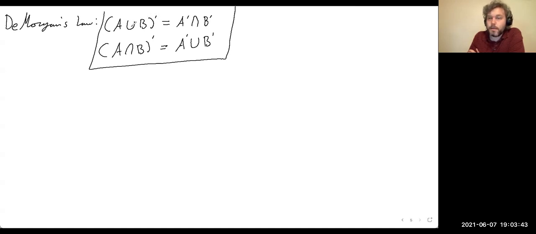What is the opposite of the union? The intersection. What is the opposite of B? B complement. Okay. Similarly, opposite of A is A complement. Opposite of the intersection is the union, and the opposite of B is B complement. Okay. So this is how you can write De Morgan's law, and that is what it means essentially.